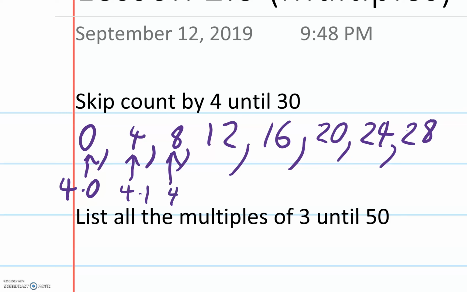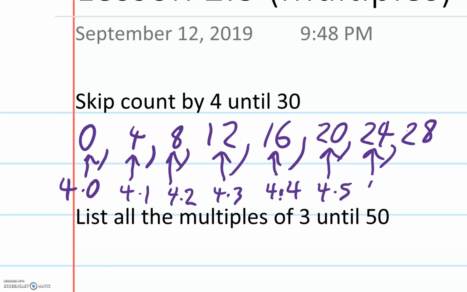And you can see a pattern starting to emerge. 4 times by 2, 4 times by 3, 4 times by 4. That's why it's called multiples, because it's multiplying two numbers together. 4 times by 5, 4 times by 6, and lastly, until 30, 4 times by 7.